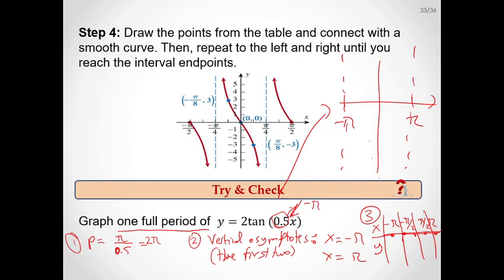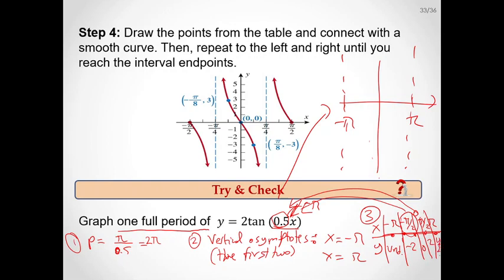So then you will get tangent minus pi over 2. This will give you undefined. And when you put this here, you will see it's minus 2. And I forgot 0 here. So when you put 0, you will get 0. And pi over 2, it will be 2. And here it will be undefined.